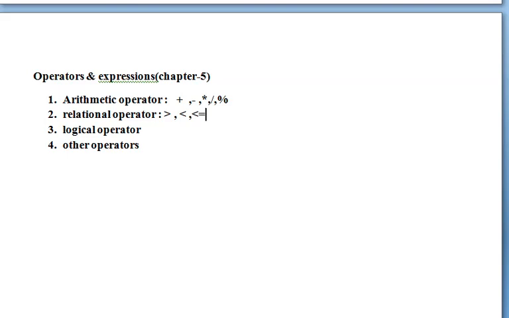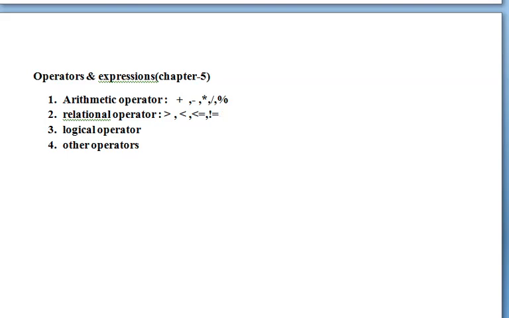And not equal to is represented with the help of an exclamatory sign. Fine.